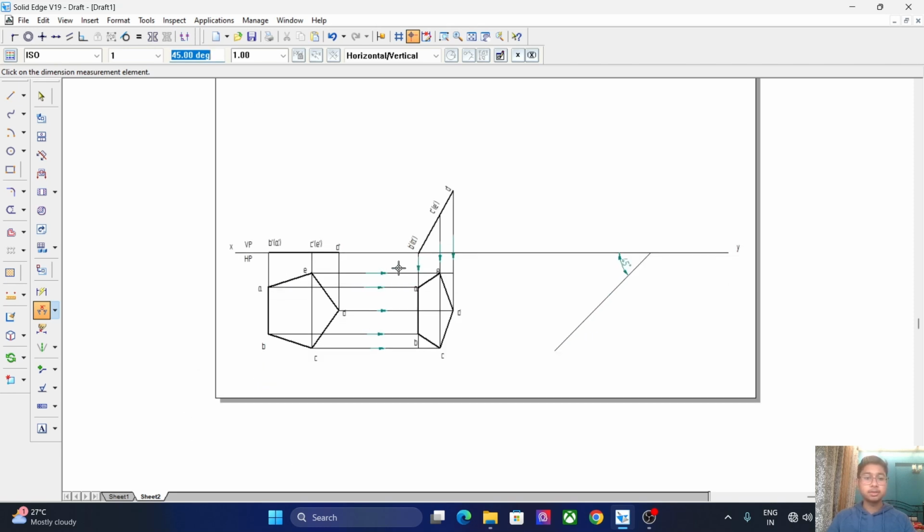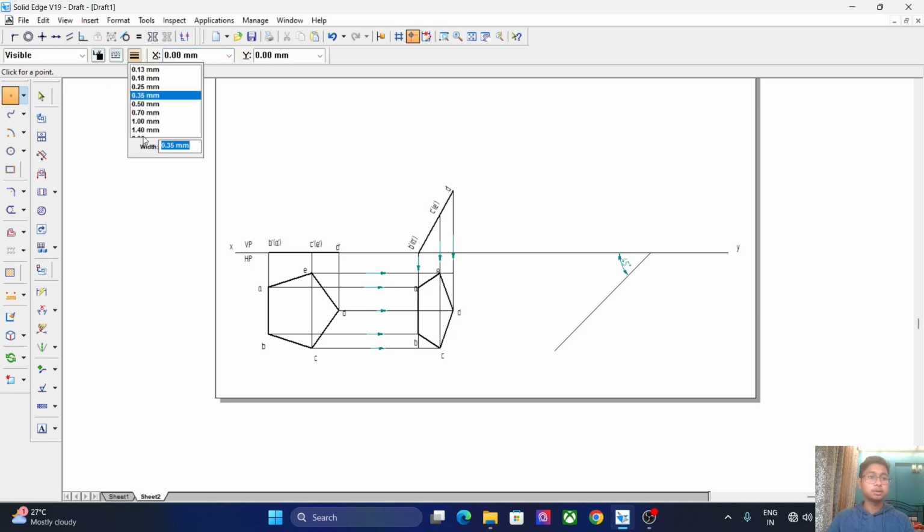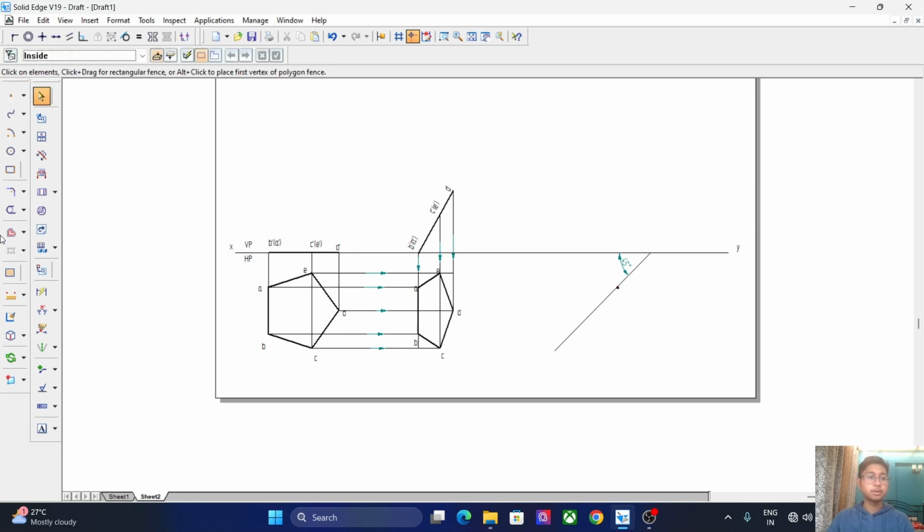Now we'll select the second figure we have drawn, and before that, we will put a reference point of 2 mm somewhere in this.